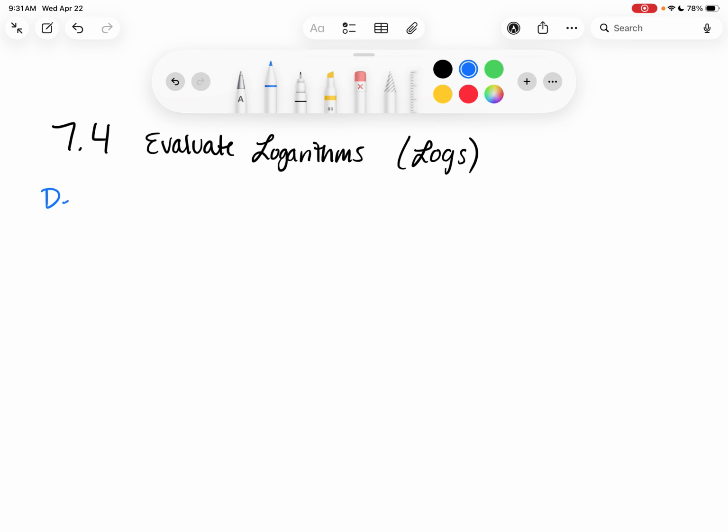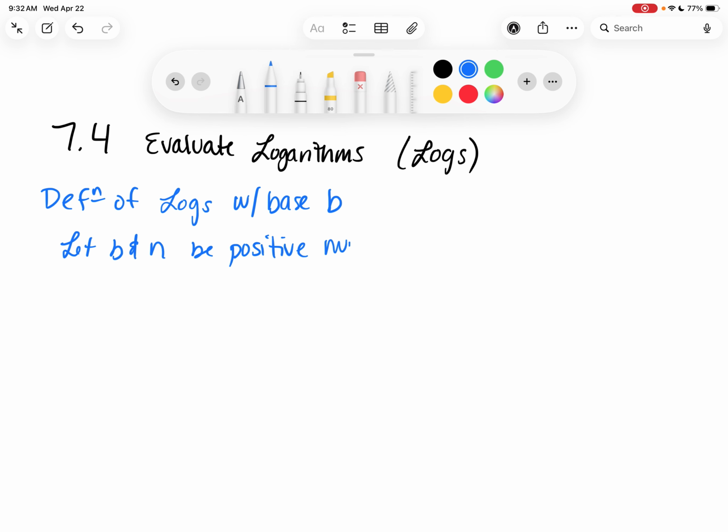All right. Definition of logs with base b. Let b and n be positive numbers, with b not equal to 1.